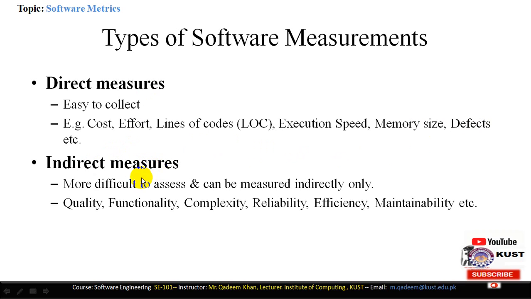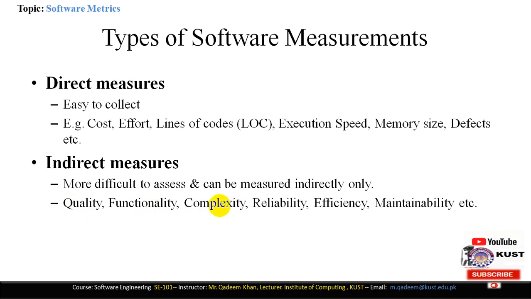And in indirect measurement, we have more difficulties to assess, and it can be measured indirectly only. These are very tough measurements compared to direct measurement, and it is very difficult to assess correctly from indirect measurement. It contains the quality attributes of the software, the number of functions or functionalities in the software.